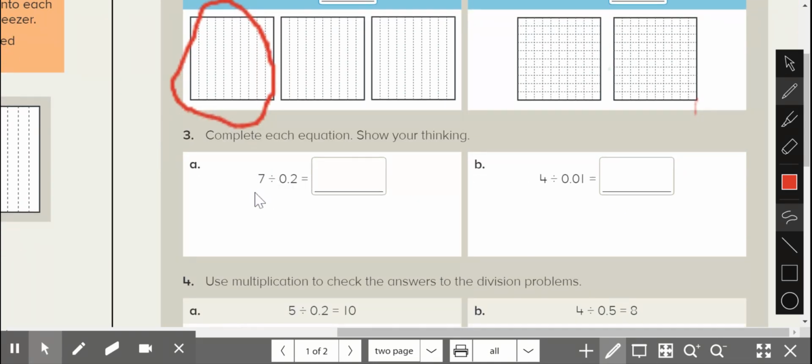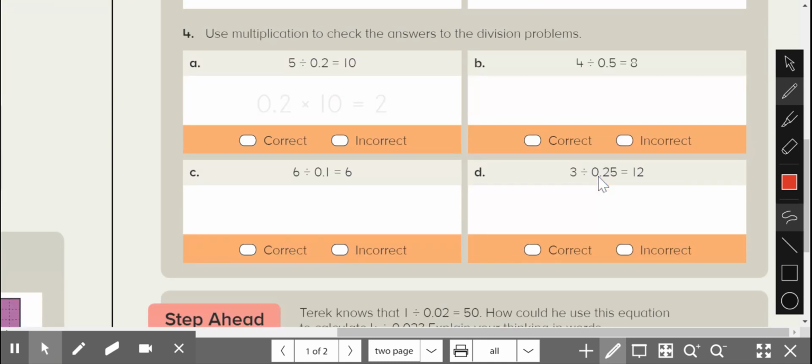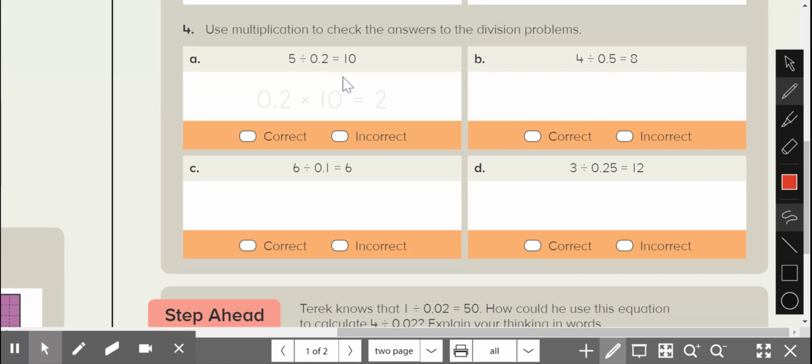We can't really turn this into money. I mean, that strategy may help us, but look at this one. This one has what looks like it could be cents. How many cents are there in $4? Well, I already know that there are 100 cents in $1, so if I take 100 times 4, I get 400.